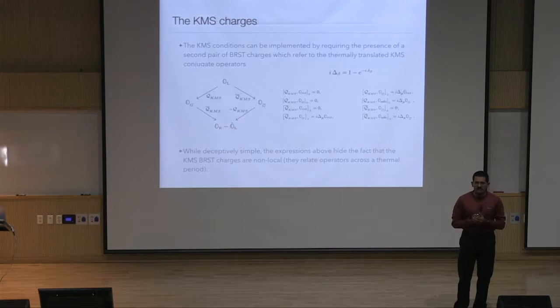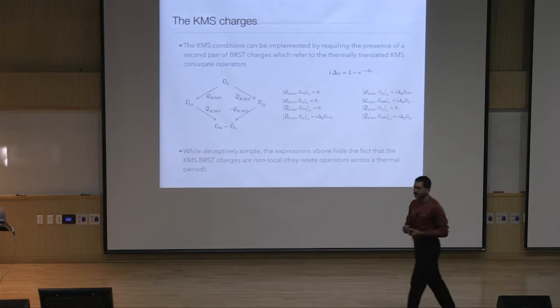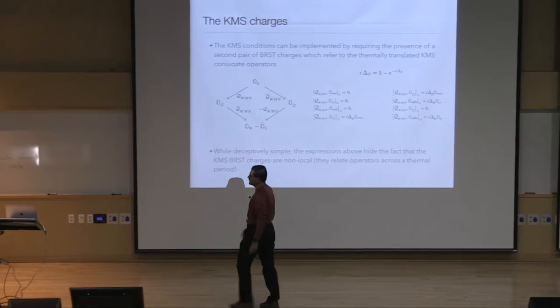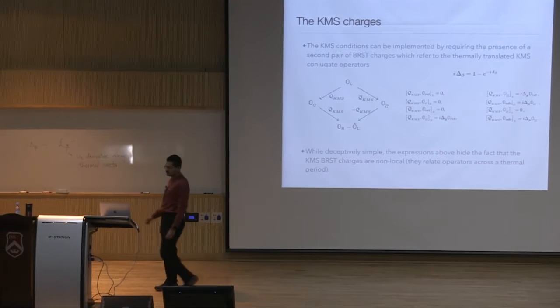These four charges are nilpotent, so all these Qs square to 0. But no one told us that the Q_SK and the Q_KMS must anti-commute to 0. We actually have to compute their anti-commutator. So ignoring this non-locality, let's go ahead and compute.